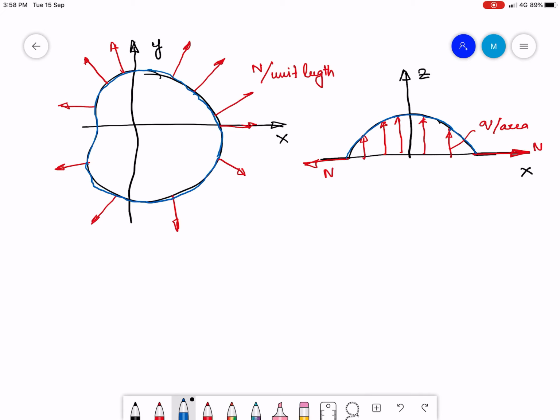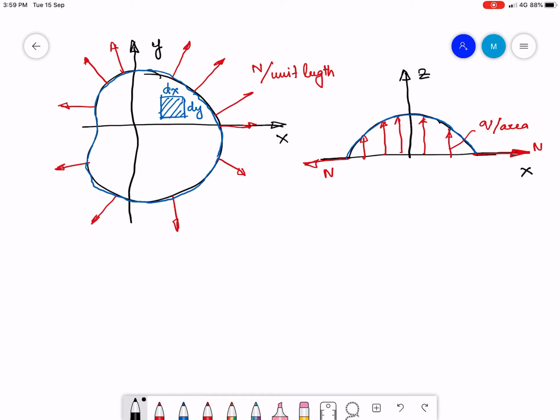Now, let us try to see what are the equations of equilibrium for this membrane. So, if I assume a small elemental area on the membrane, this is dy and this is dx. Let us find out the force equilibrium or equation of this elemental area in the z direction.